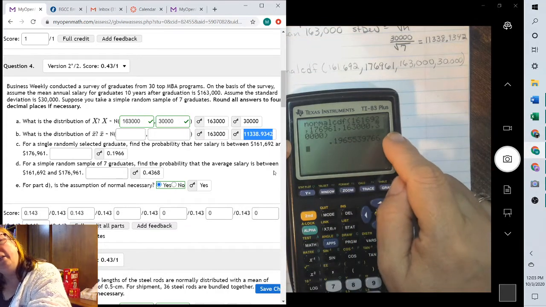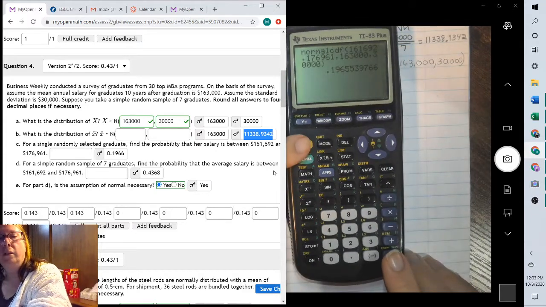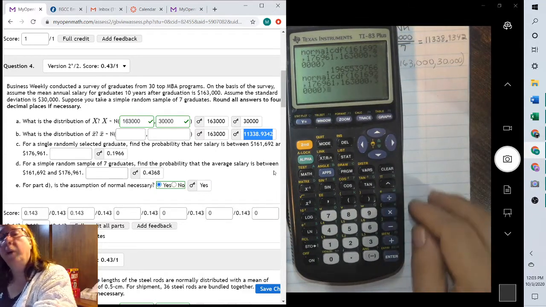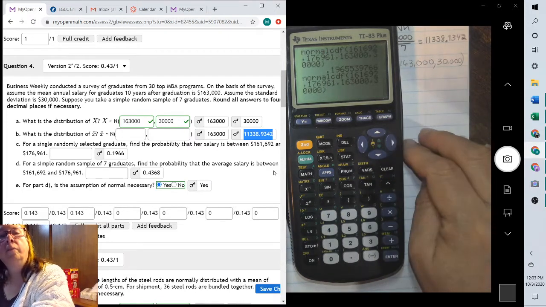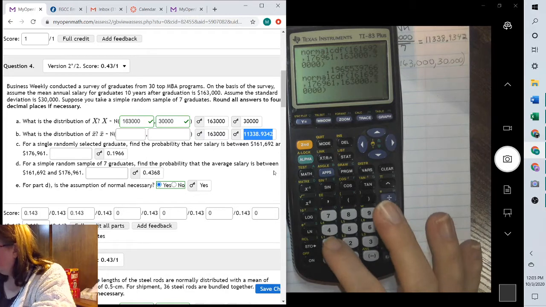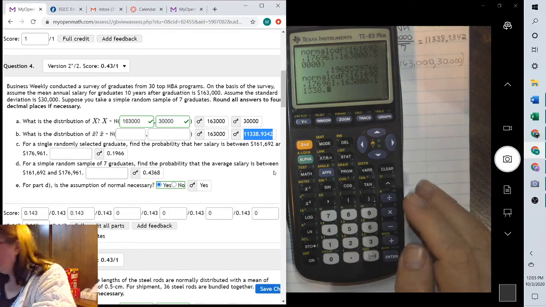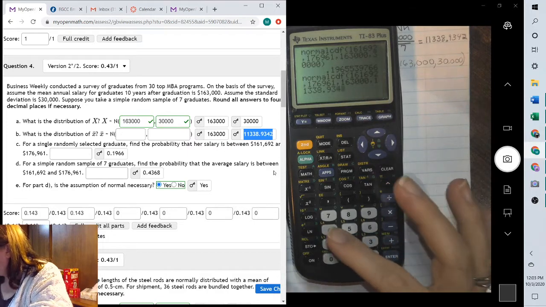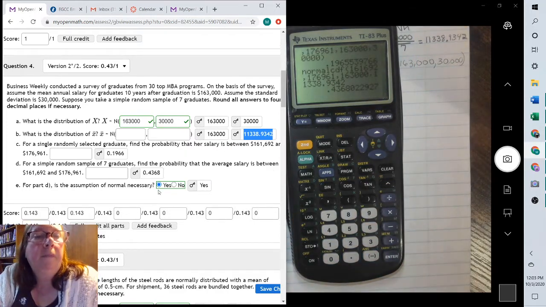So to change that, you could hit second and enter. It brings the problem back up, and then you just change your 30,000 to the 11338.9342 and hit enter. And that's this one.